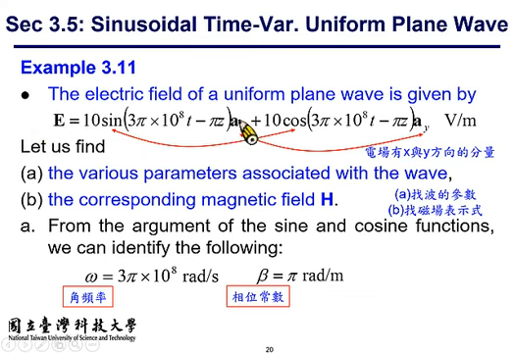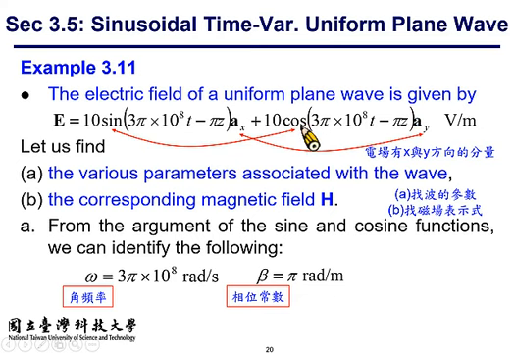It has x component as well as y component, all right? And the two components have similar representation. You see the argument, omega t minus beta z part is the same for the two functions. However, one is a sine function, and the other is a cosine function.